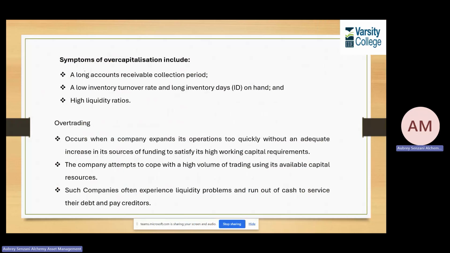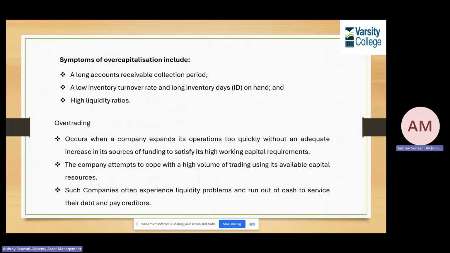Then overtrading is now what you are speaking to and what we've discussed in finance 2A, where we are saying we have invested too much of our current assets, well, not just current assets, but too much of our money is actually in our inventory.